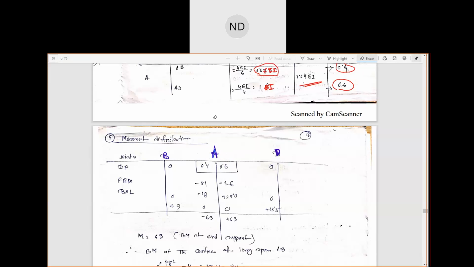So these are the fixed end moments. Then we have to do the balancing now.